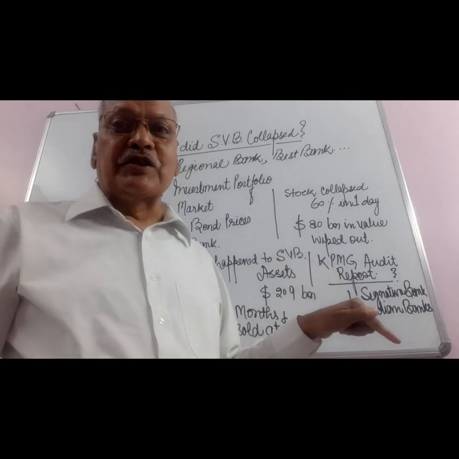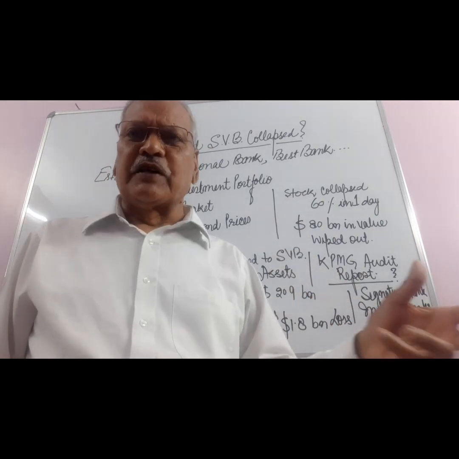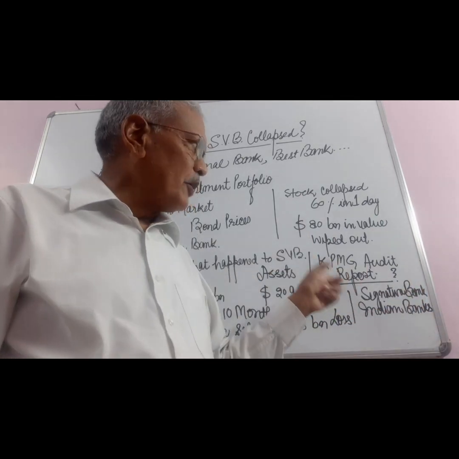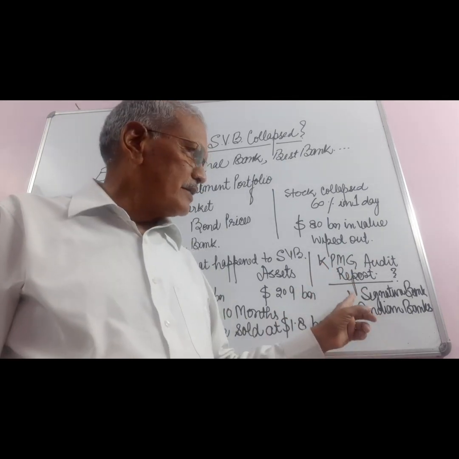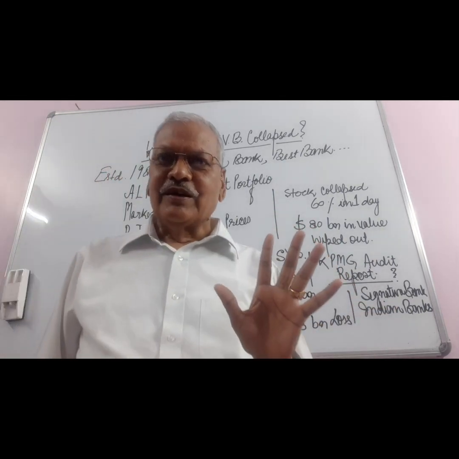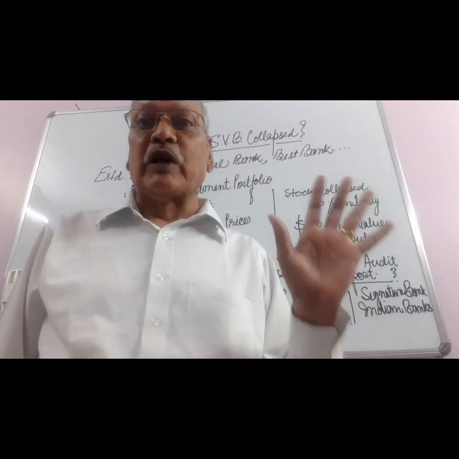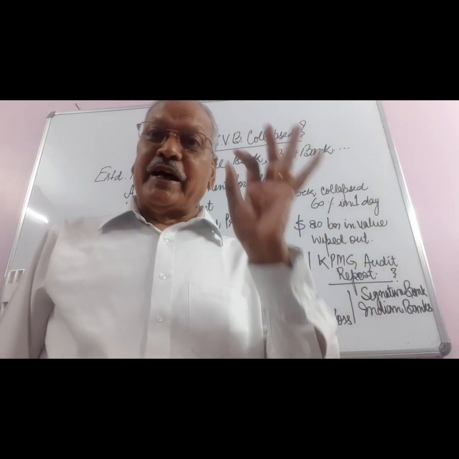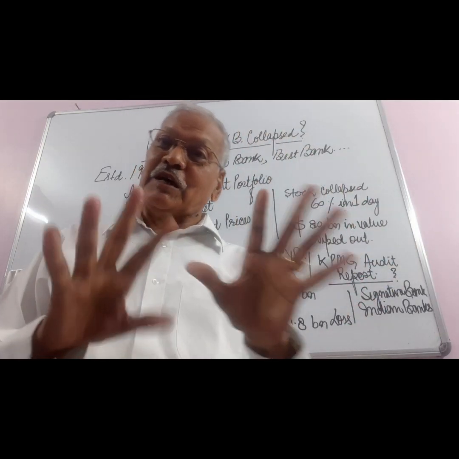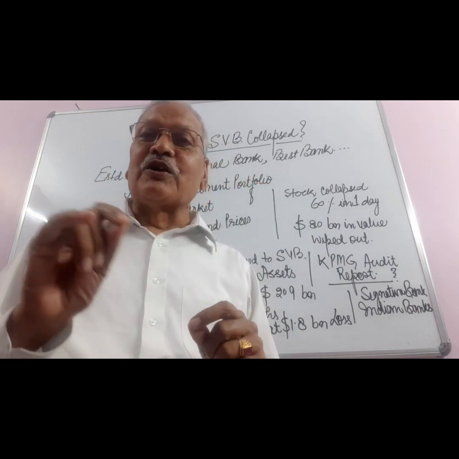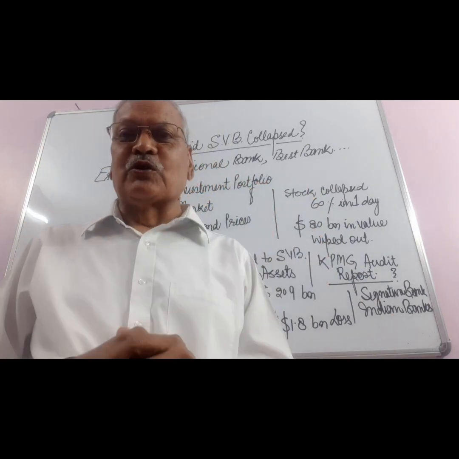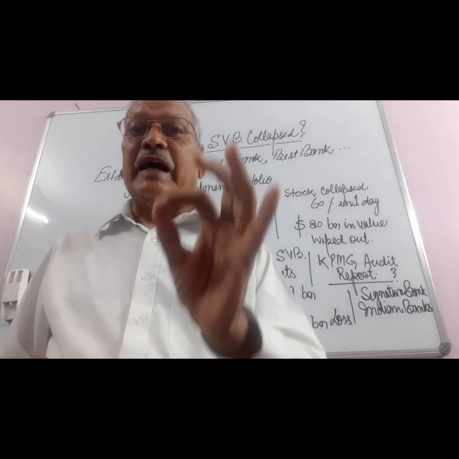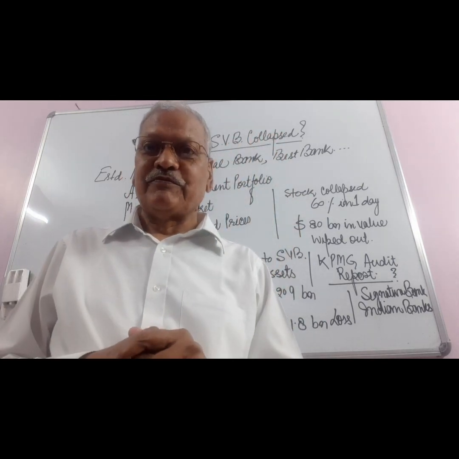And another bank which has collapsed just 2-3 days after the collapse of Silicon Valley Bank is Signature Bank. US Signature Bank has also collapsed. KPMG again gave a clean audit report to Signature Bank also, just 10 days before its collapse.